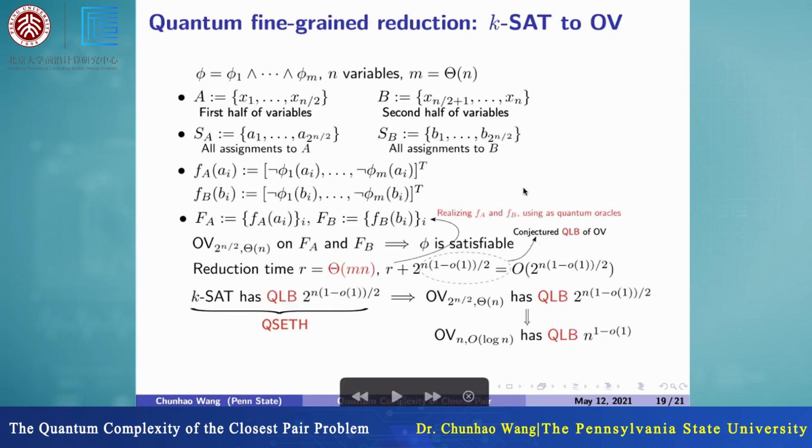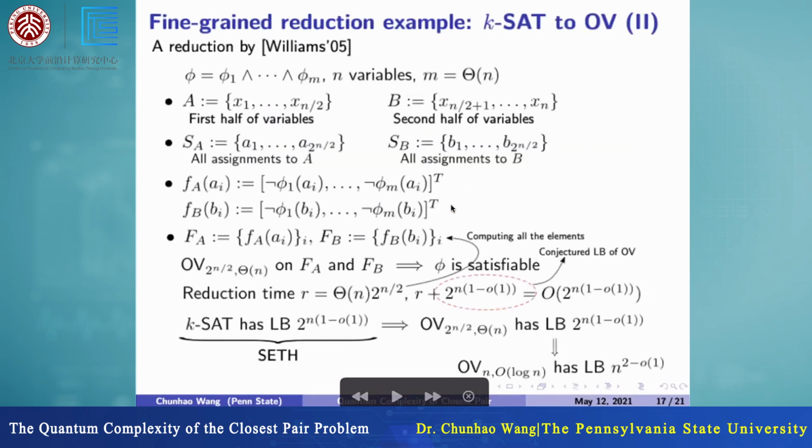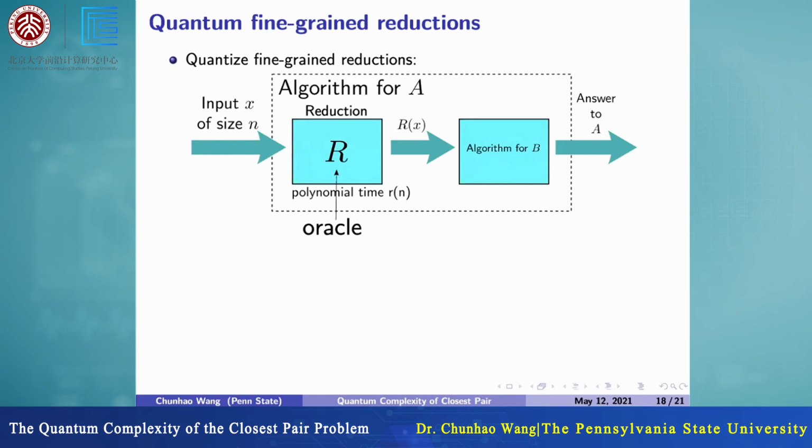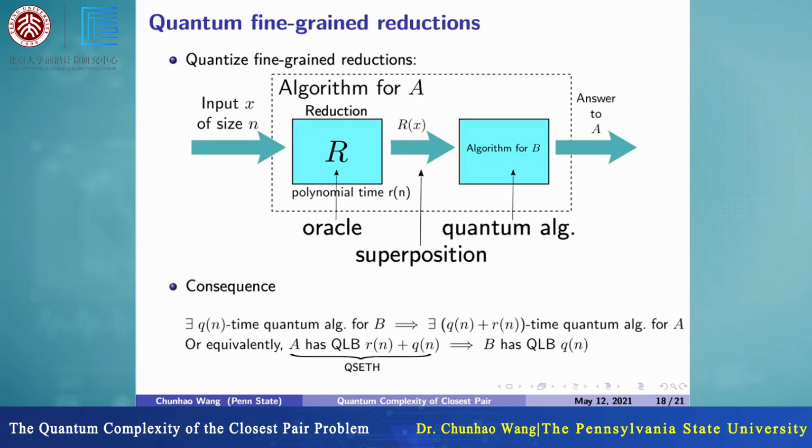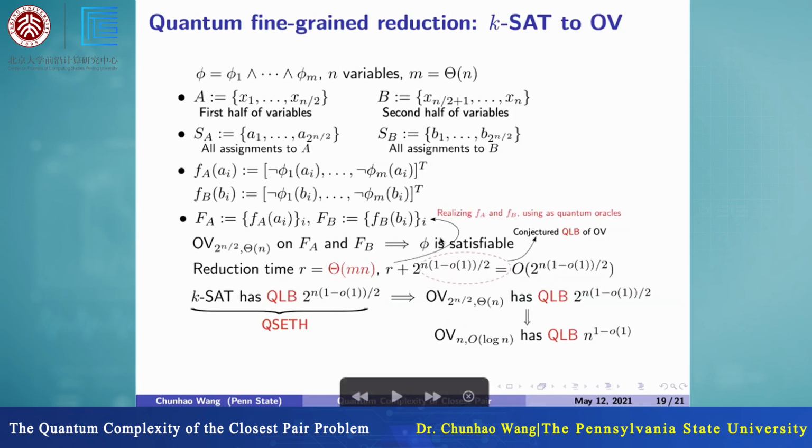So this is an example of a quantum fine-grained reduction from k-SAT to orthogonal vectors. It might be hard to distinguish this slide from the previous one, but I highlighted the differences. Basically, the reduction time is lowered because you just need to realize small fa and small fb as quantum oracles.